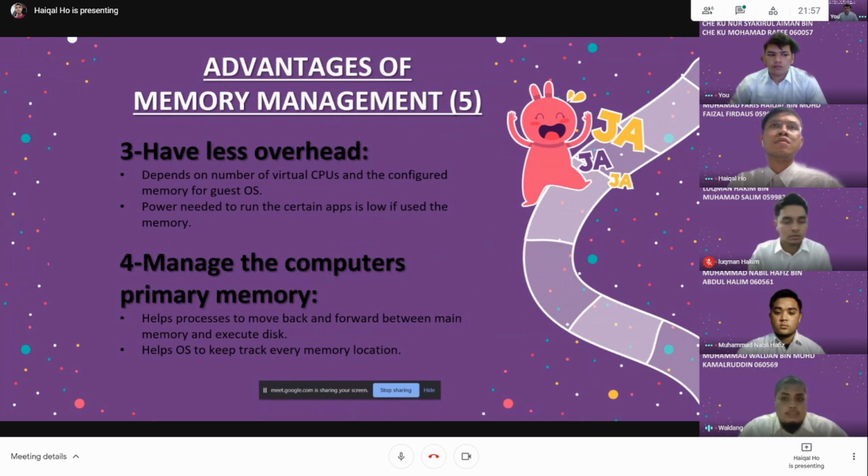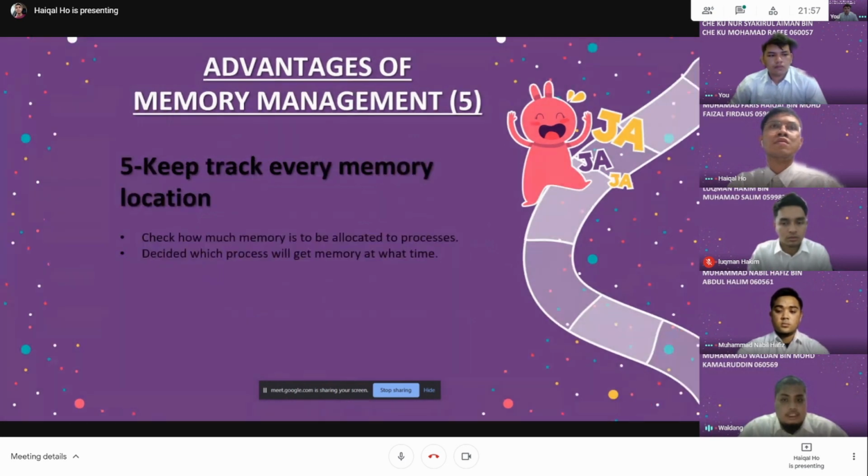The memory management functions keep track of the status of each memory location, whether it is allocated or free. It determines how to allocate memory among competing processes by deciding which process will get memory, when they will receive it, and how much they are allowed.